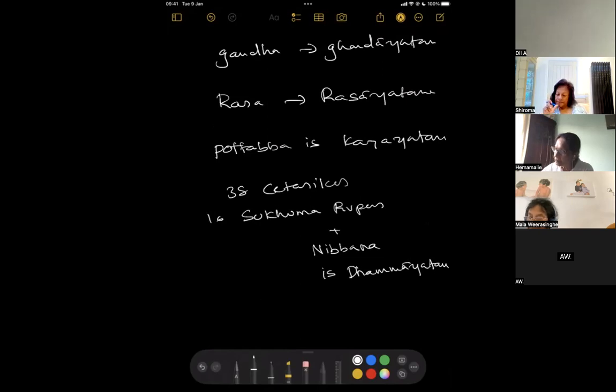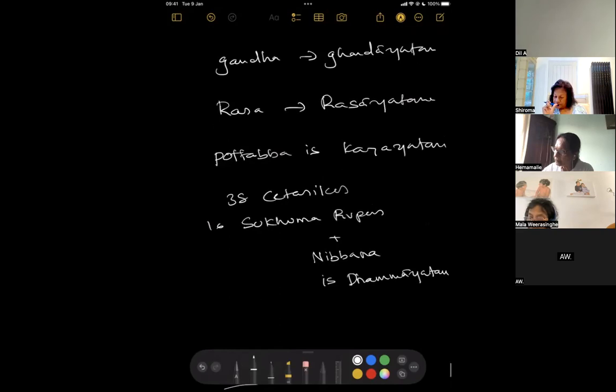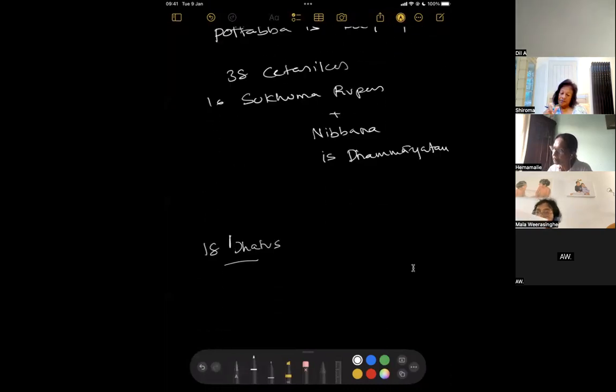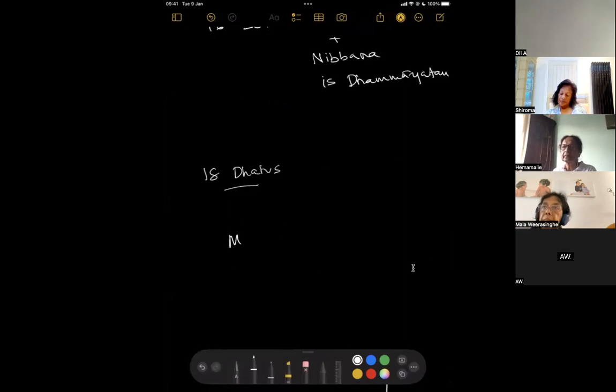All the rest of the chittas are Mano Vinyana Dhatu. 43 chittas, Bhante? Yes, 43 chittas are Mano Vinyana Dhatu. And those are the 18 Dhatus.